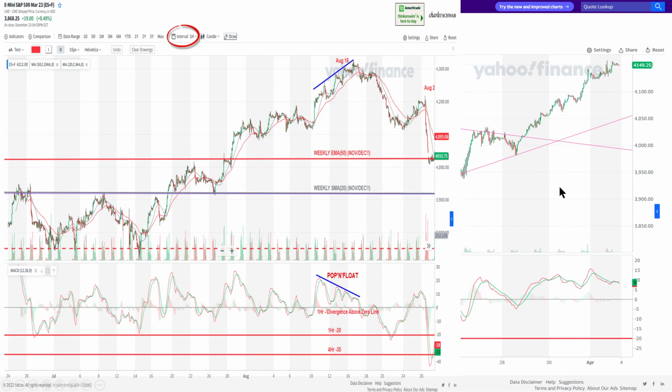So I think I need to see a little bit more before it's going to drop. But essentially, this is clear. That's bearish divergence, right? Lower, lower, lower, lower, higher, higher, higher, higher.